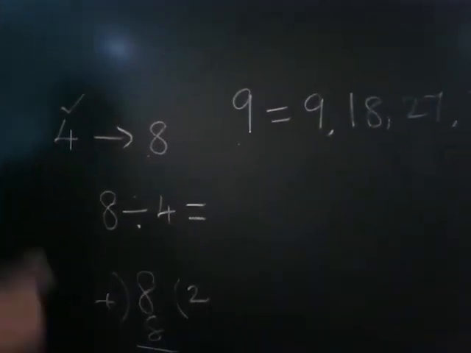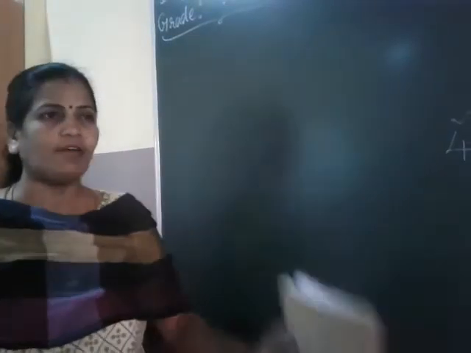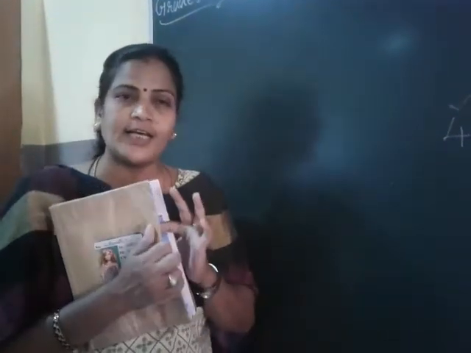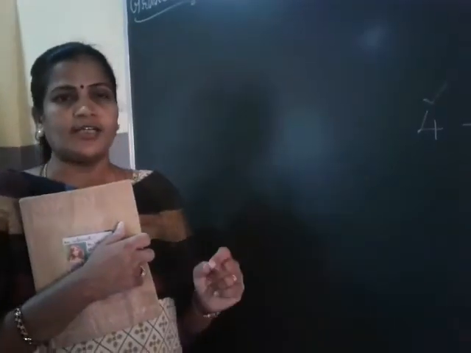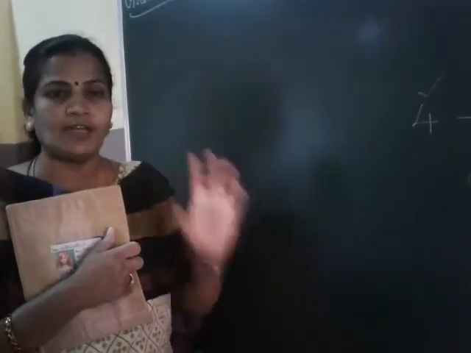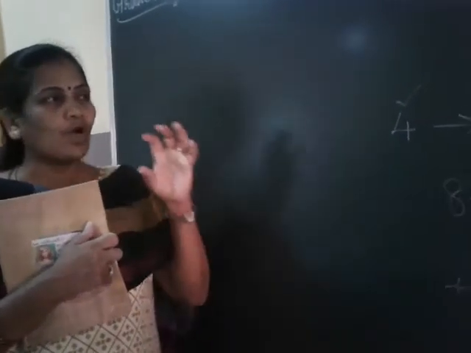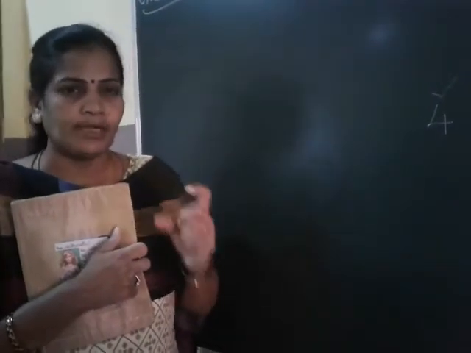But today's topic is common factors and common multiples. This is the very basic thing for finding the LCM between two or three numbers, and the HCF between two numbers. So you want to understand what we mean by common factors and common multiples.